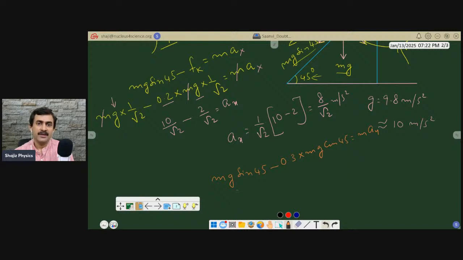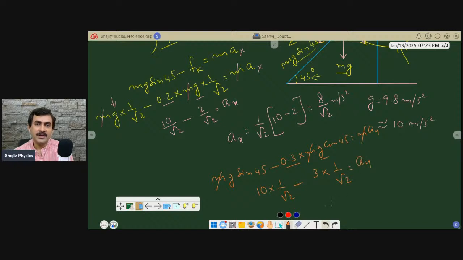Now here also m gets cancelled from all the sides. The value of g is 10, so 10 into sin 45, which is 1 by root 2, minus 0.3 into 10, that is 3, into cos 45, again 1 by root 2, is equal to ay.